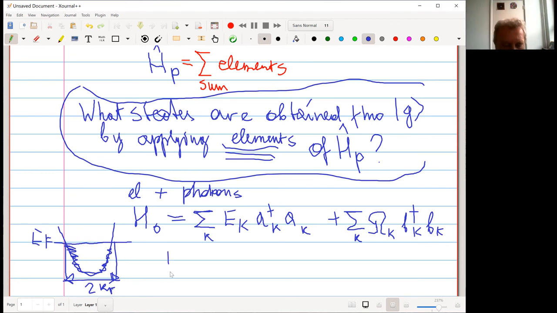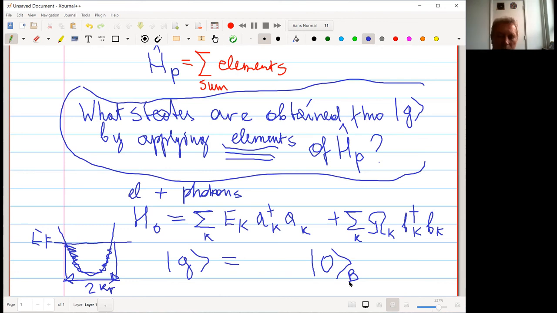So the ground state is, and all energies of bosons are positive, so the ground state is 0 for all bosons, vacuum.